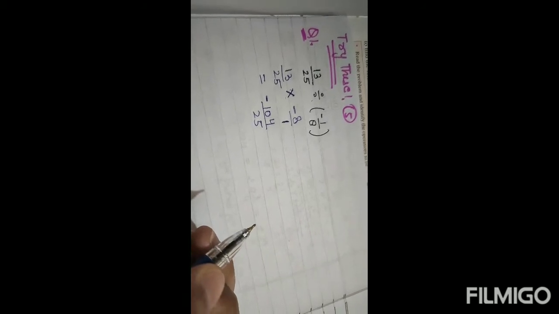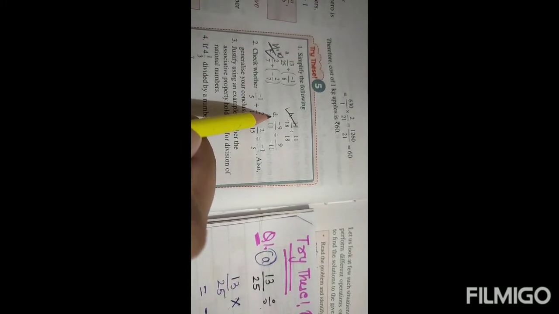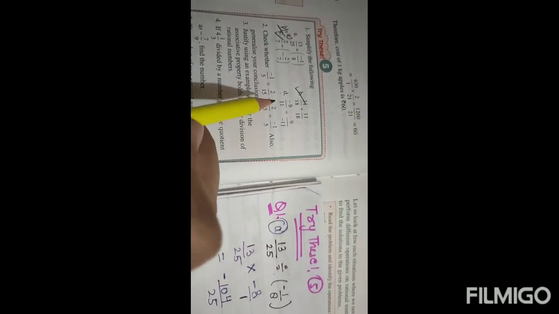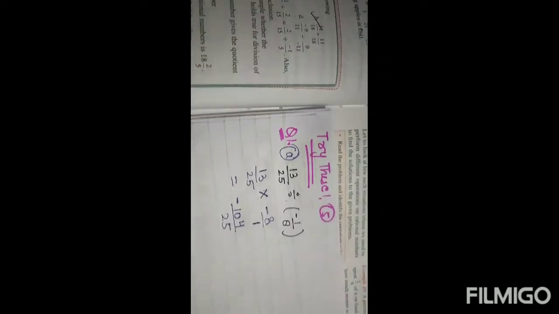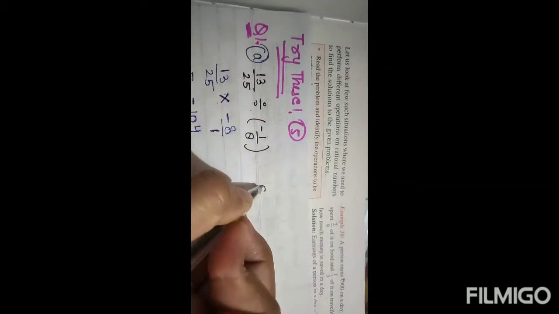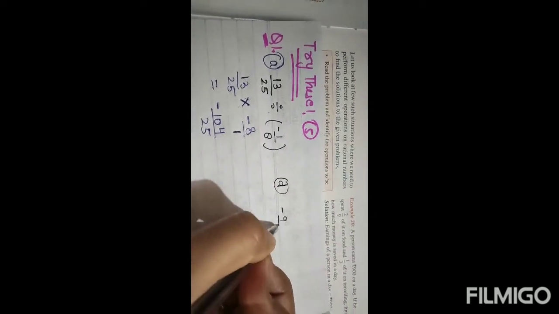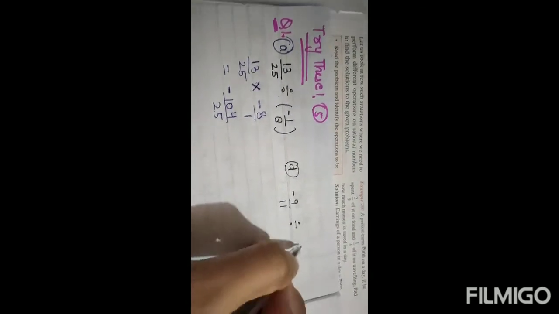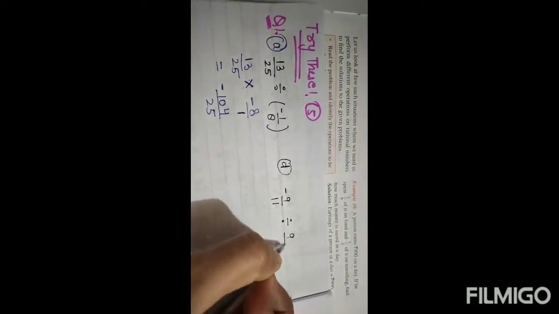Now the next part. B and C will be your homework. You have to do it yourself. Now moving to the last part, that is D. D part is minus 9 by 11 divided by 9 by minus 11.